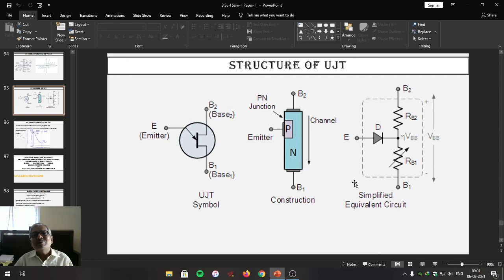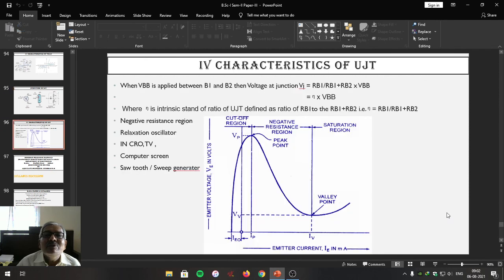So this is how the unijunction transistor works. Dear students, this is all about the construction, equivalent circuit, circuit symbol, and in short the working of UJT. We'll study some terms which we have defined and then we'll stop today.